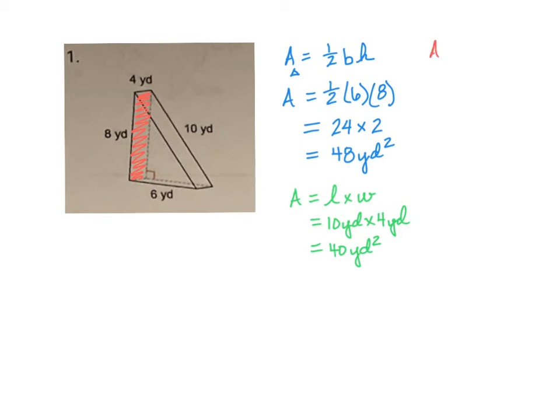I'm going to do the length times the width. In this case, the length is 8 yards and the width is 4 yards. If I do that multiplication, I get 32 square yards.